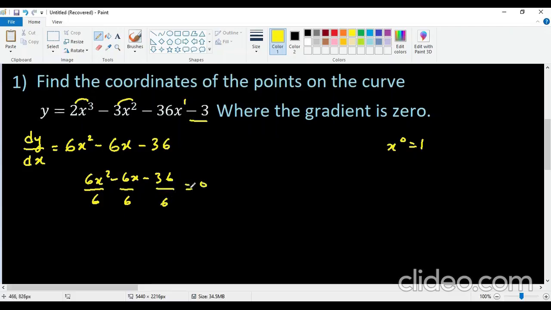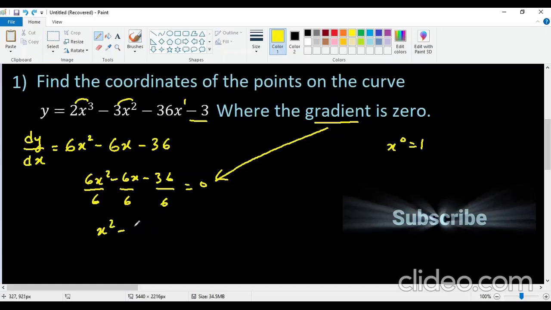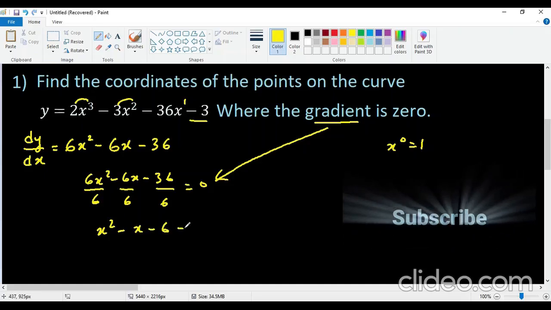Since the gradient is 0, I'm putting this 0 directly here. So this is going to give us x square minus x minus 6 equals 0.